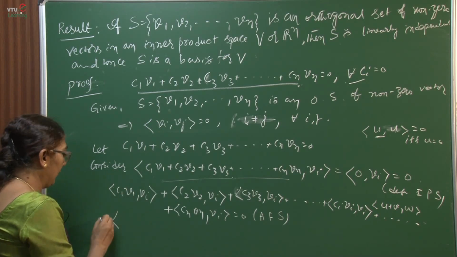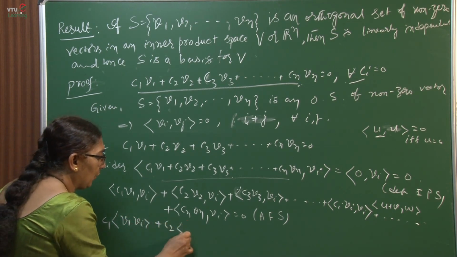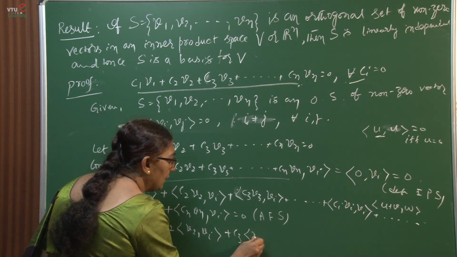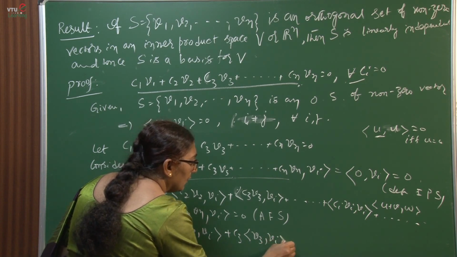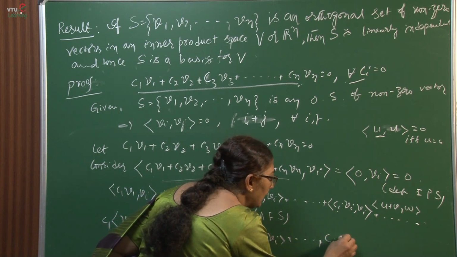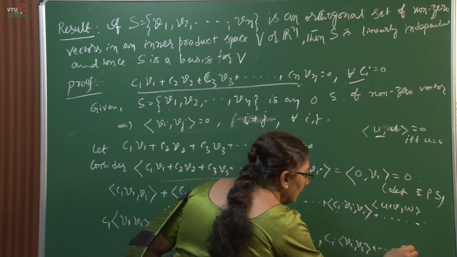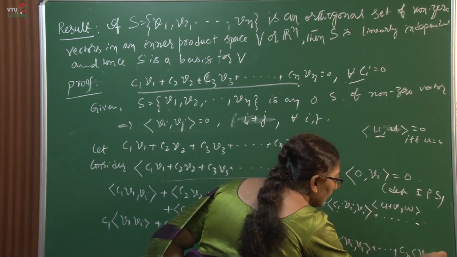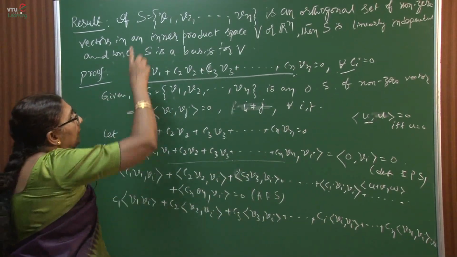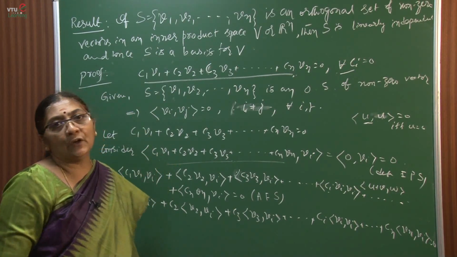Next, homogeneity of the first slot. This can be written as C1 times the inner product of V1 comma Vi plus C2 times the inner product of V2 comma Vi plus C3 times the inner product of V3 comma Vi, and so on, up to Ci times the inner product of Vi comma Vi, and so on, plus Cn times the inner product of Vn comma Vi, which must be equal to 0. They have already given that V1, V2 up to Vn are an orthogonal set of non-zero vectors.